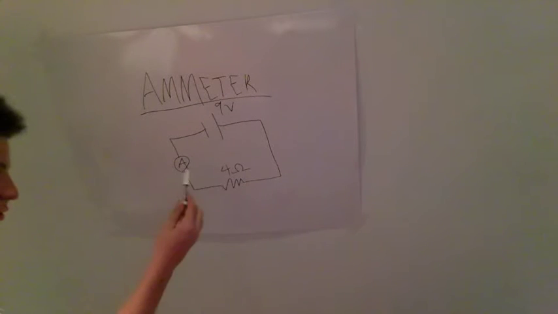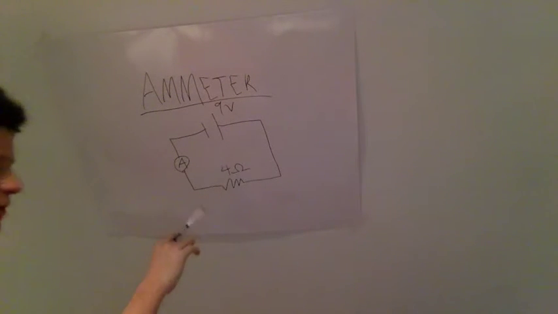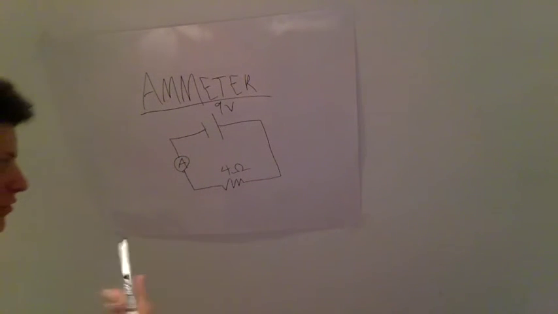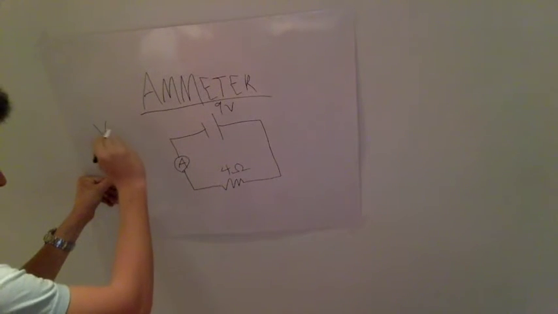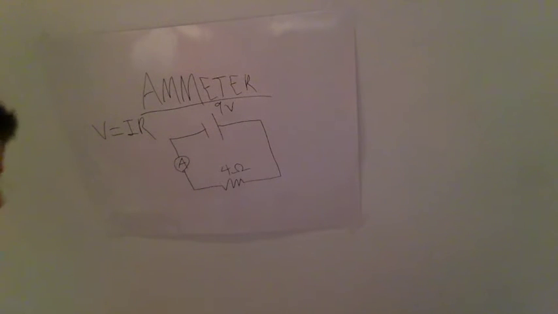Now, in this circuit, no matter where it was, it would still have the same reading, because it's not in a parallel branch, so all of the current of the circuit has to run through it eventually. So if we wanted to find out what the reading on this ammeter would be, it'd be the same process. We would use V equals IR again. Again, voltage equals current times resistance.